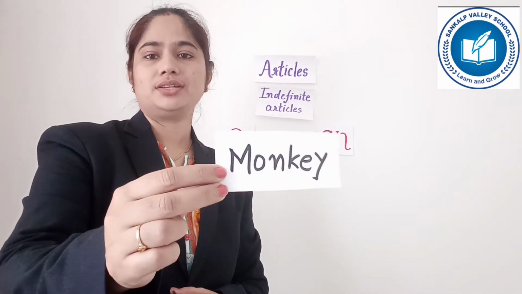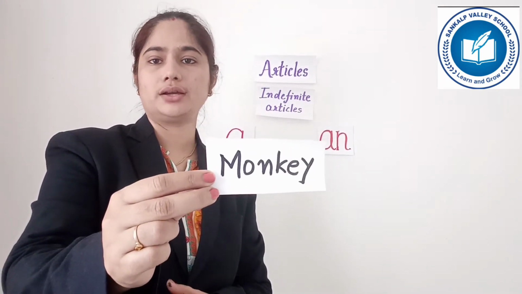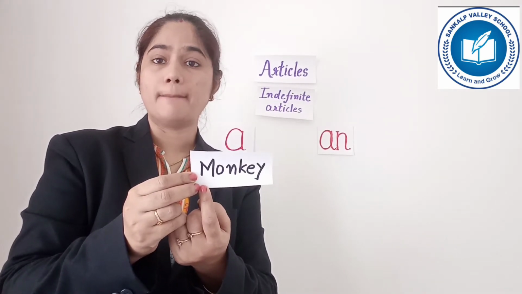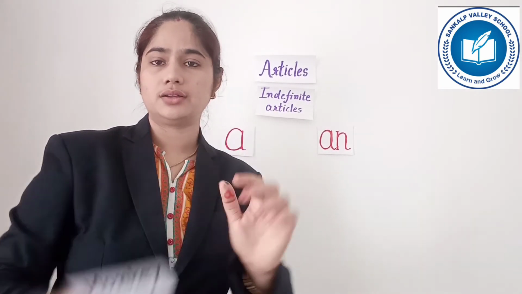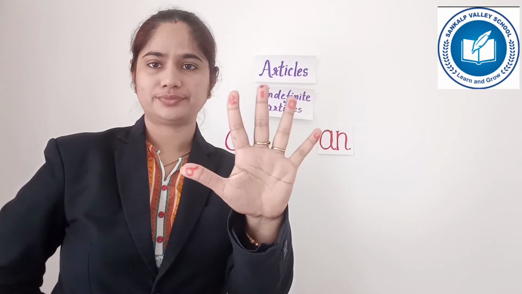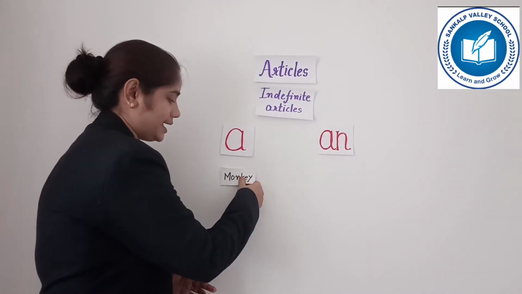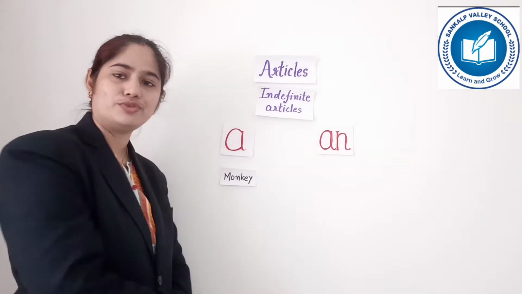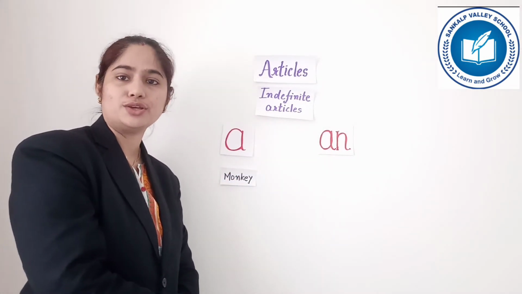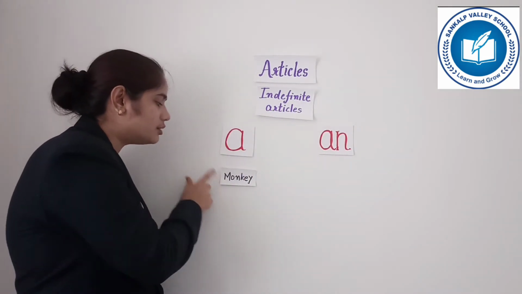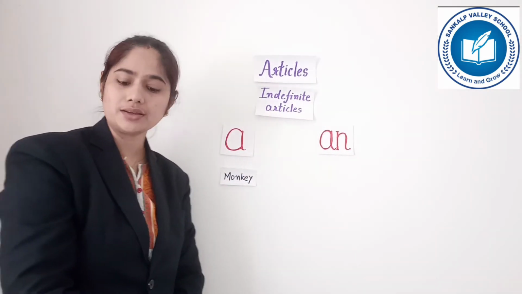First example is monkey. What is the opening sound of this noun? M. Is it among the vowel sounds? No, right? So we will use a. We always say a monkey.